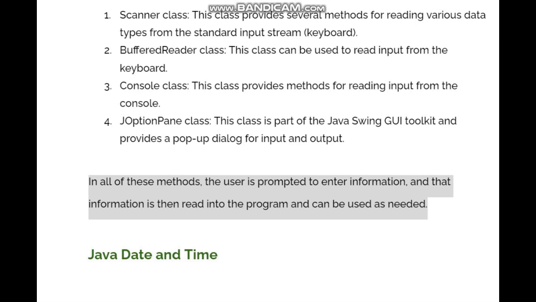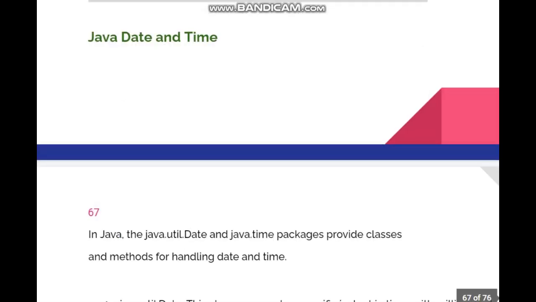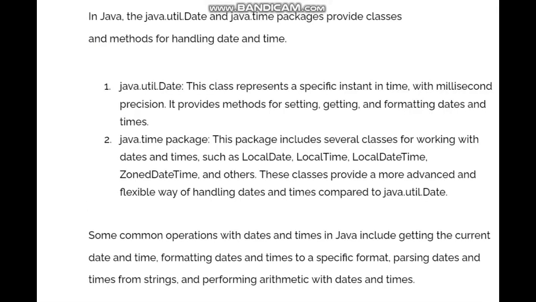Java date and time. In Java, the java.util.Date and java.time packages provide classes and methods for handling date and time. java.util.Date. This class represents a specific instant in time, with millisecond precision.